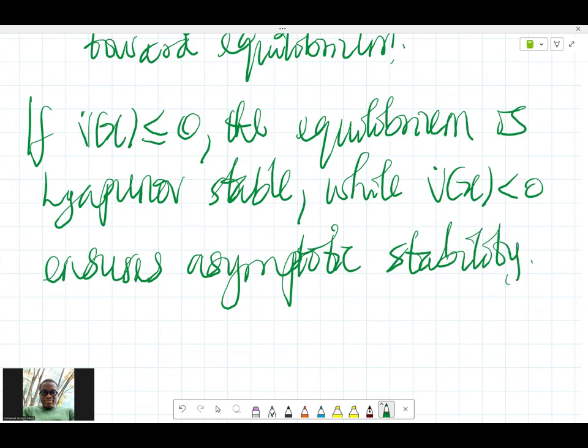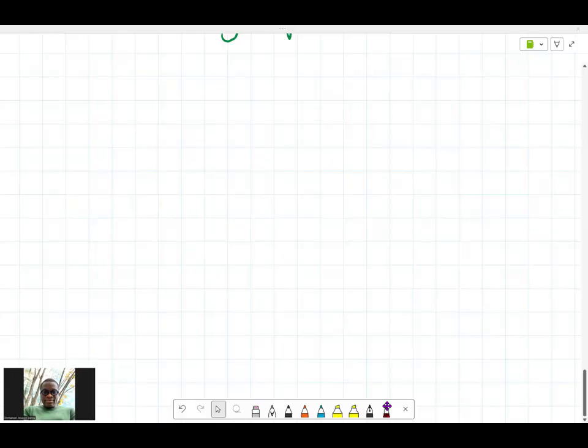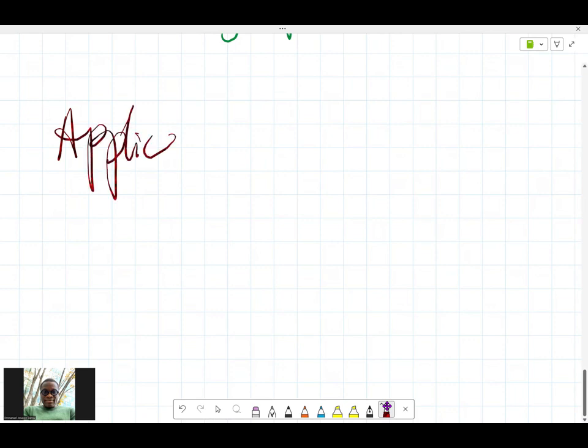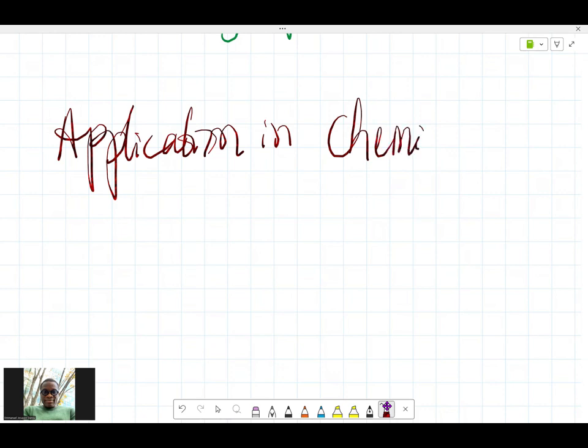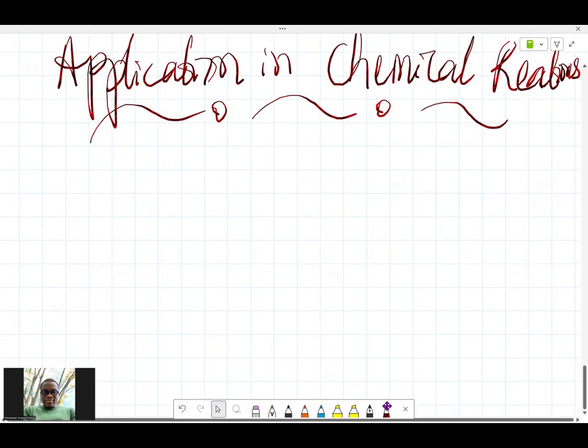Okay, so let's look at applications in chemical reactions. We want to look at the stability of a reversible reaction.